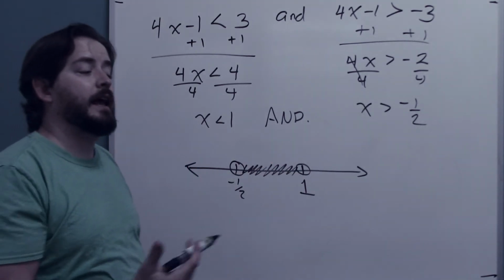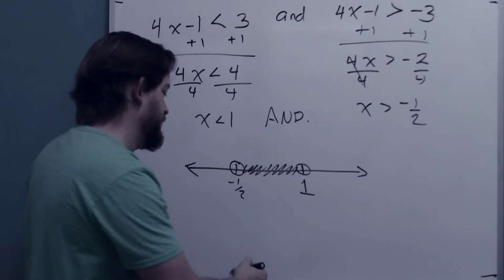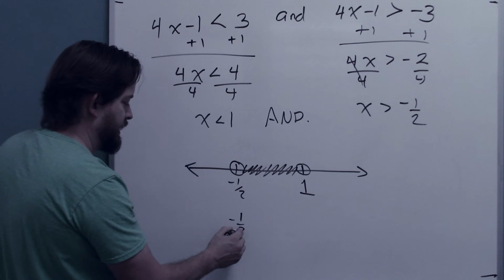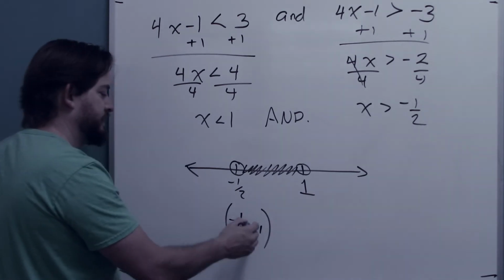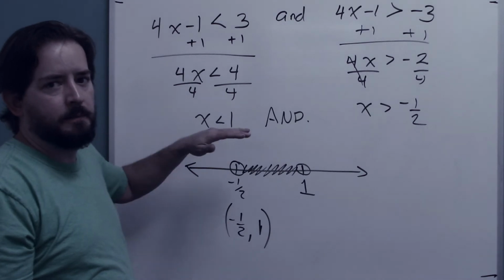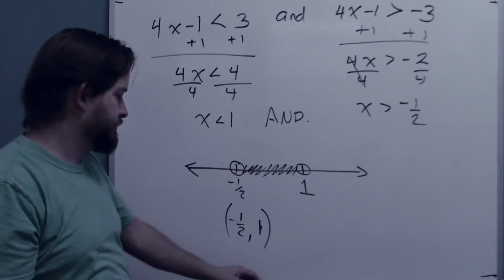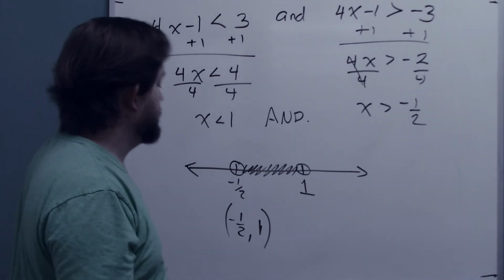And it's easy then to answer the next part where it says, give the interval notation. That interval notation is negative 1/2 to 1, parentheses on both, and I'm done. Those are the 3 things they want. Solved it, graphed it, wrote it in interval notation.